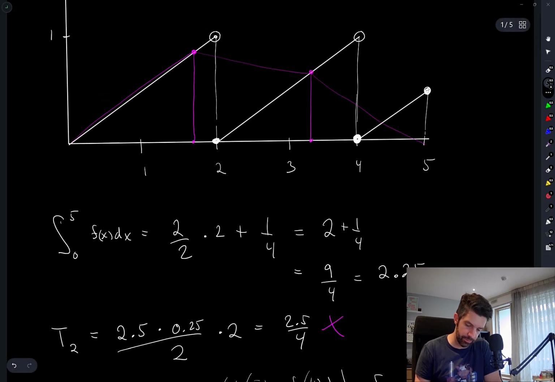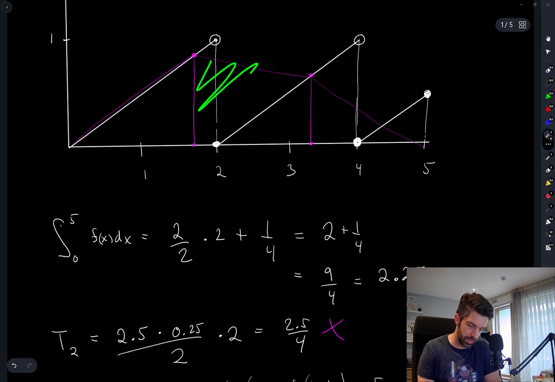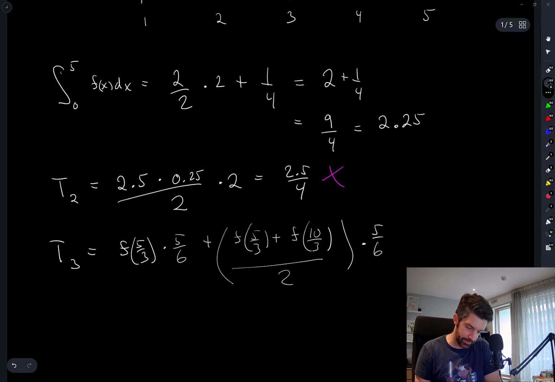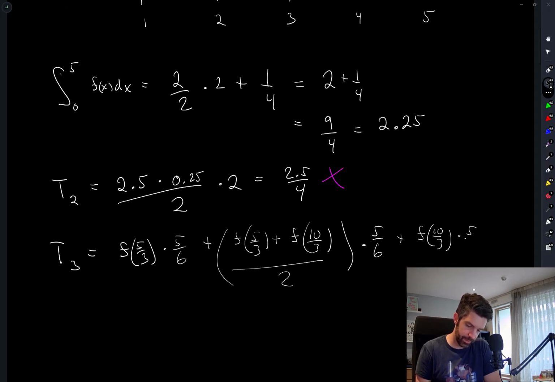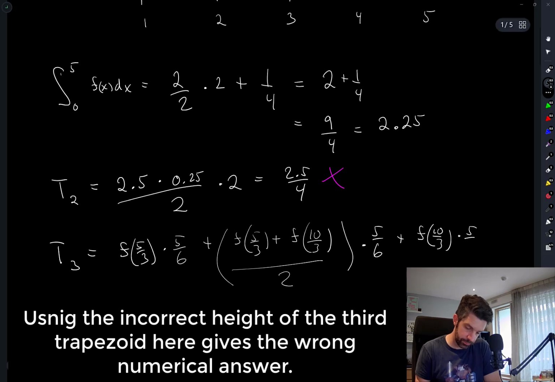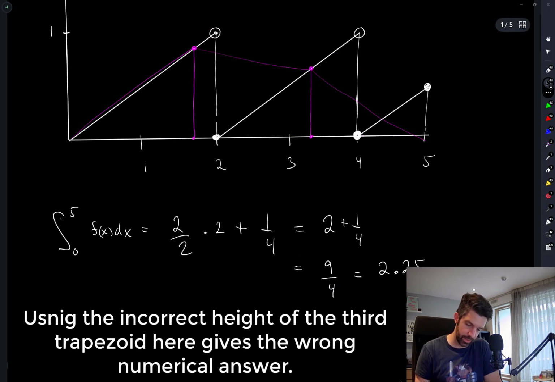So that's the area of this inner trapezoid. And then we have f of 10 over 3 times 5 over 6. And that'll be the area of that triangle.